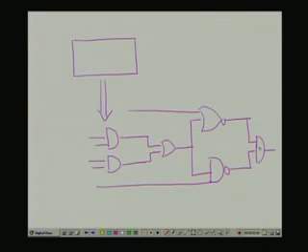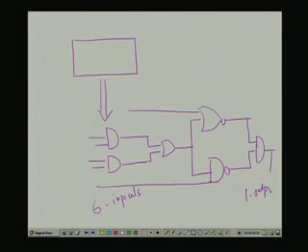So this is one circuit. It has 1, 2, 3, 4, 5, 6 inputs and one output.